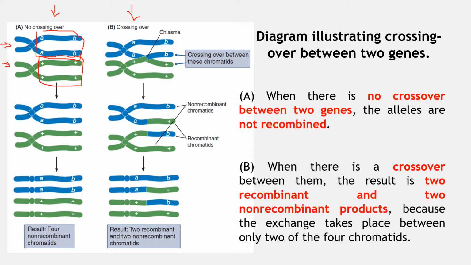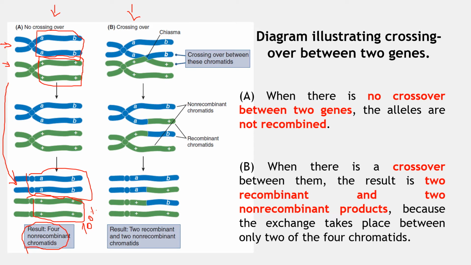As there was no recombination, the outcome is four non-recombinant chromatids, so you get exactly the same combinations that you saw in the parents: blues with A and B, and greens that are wild type. So 100% of them will look exactly like the parentals.